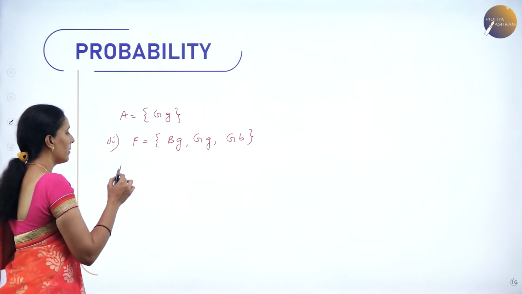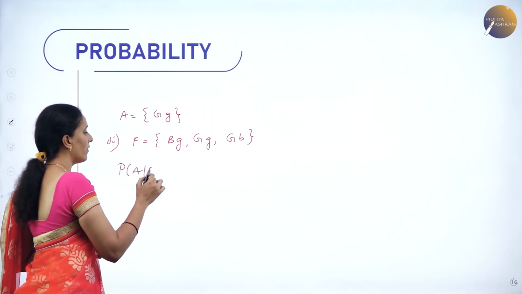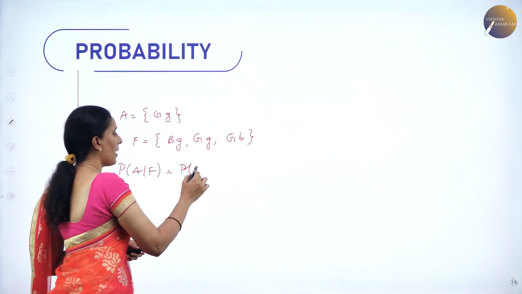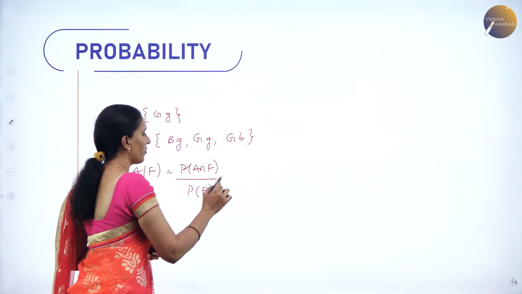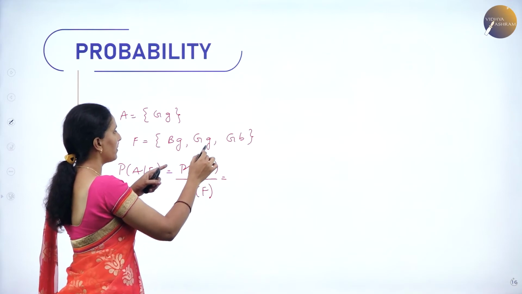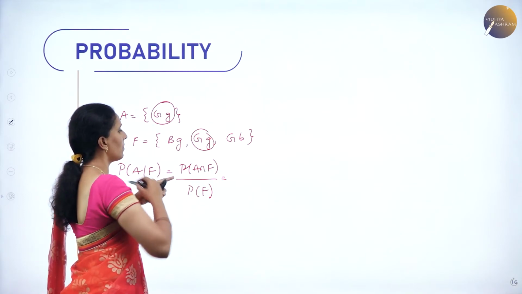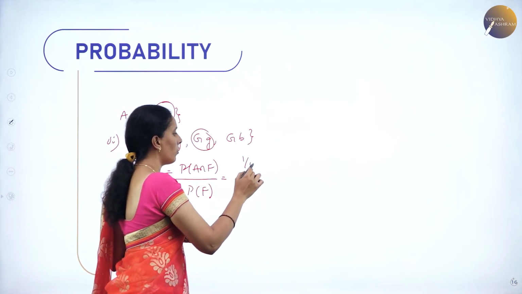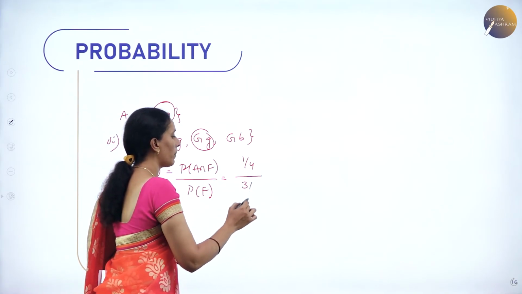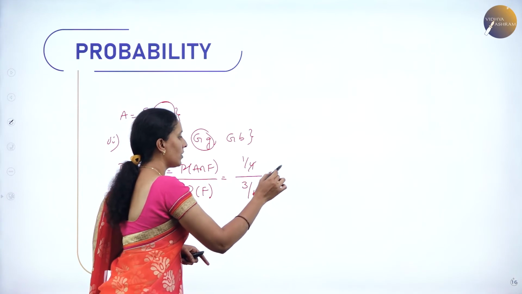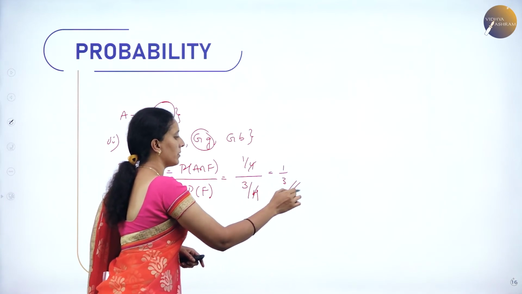So therefore probability of A given F is probability of A intersection F over probability of F. A intersection F means again we have one outcome as common, so 1 by 4. Probability of F is 3 by 4, because the total is 4. So the value is equal to 1 by 3.